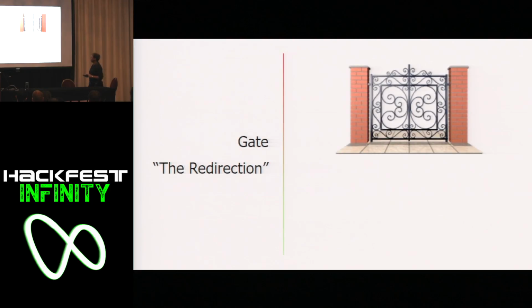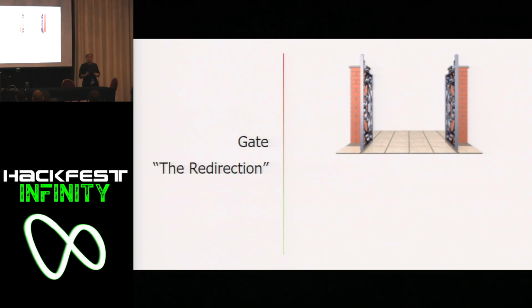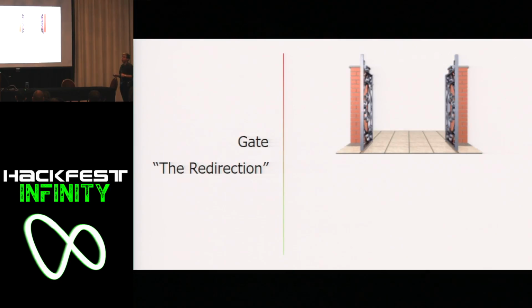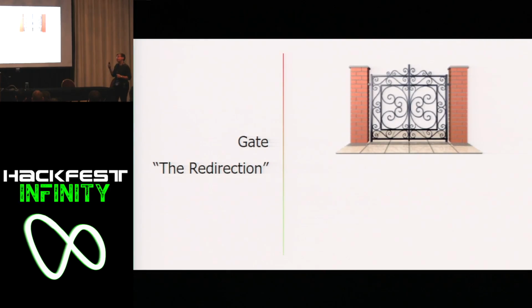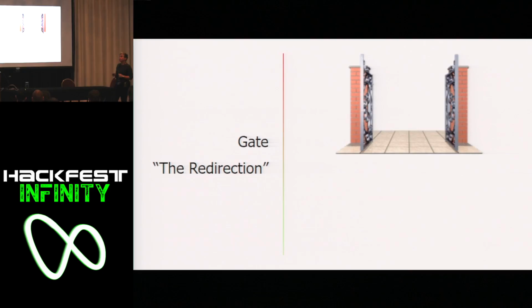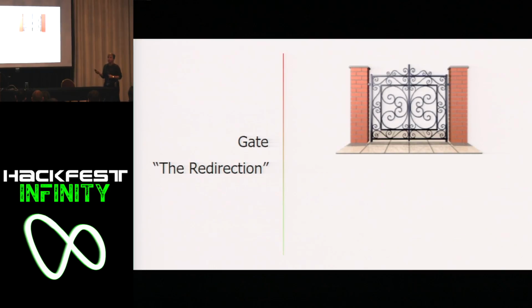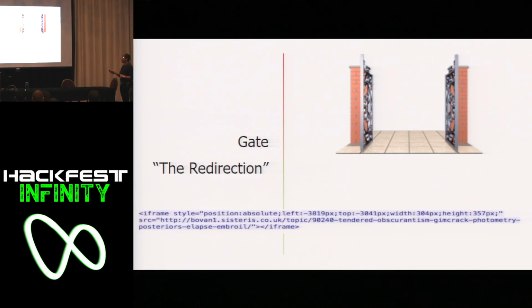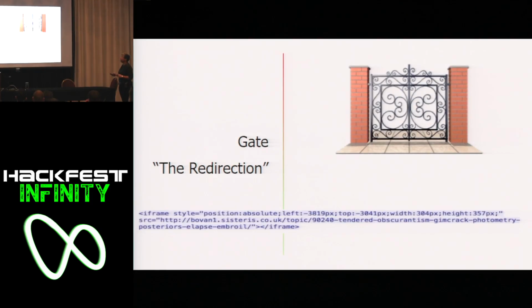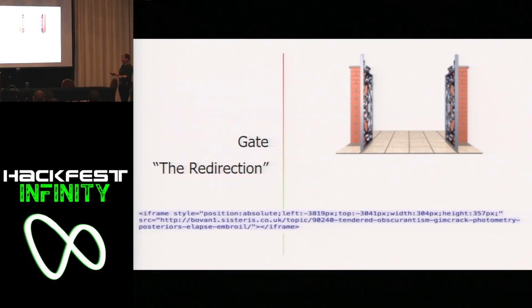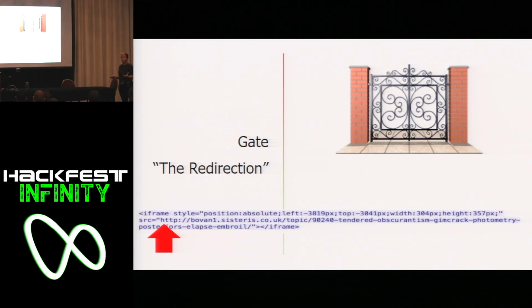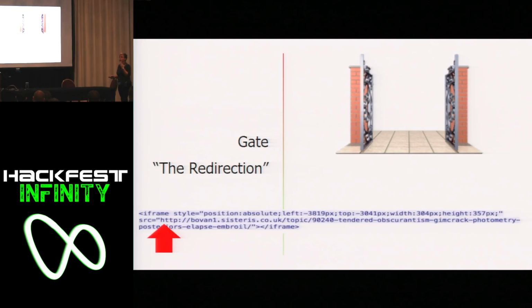So let's talk about the gate. The gate is a reference generally through malicious iframes that are planted on compromised websites. It's a redirection or series of redirections to send you to an exploit kit's landing page. Now, one thing about these redirects, if you take a look at this, you'll notice that from the malvertisement, we come to this malicious iframe that's then pointing to a URL that's known to have malicious traffic.